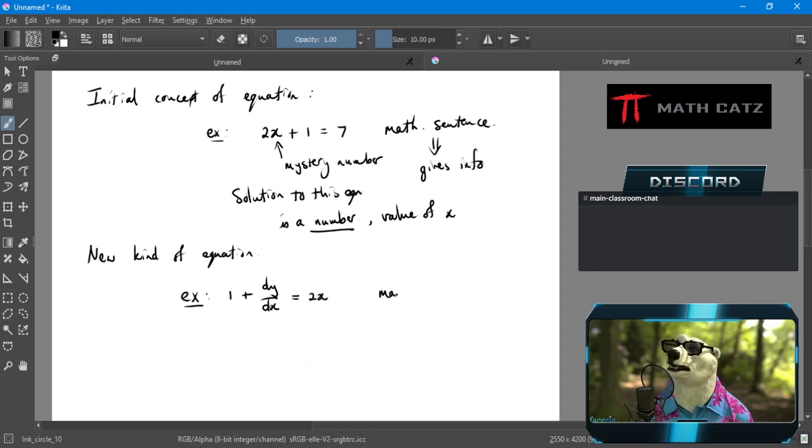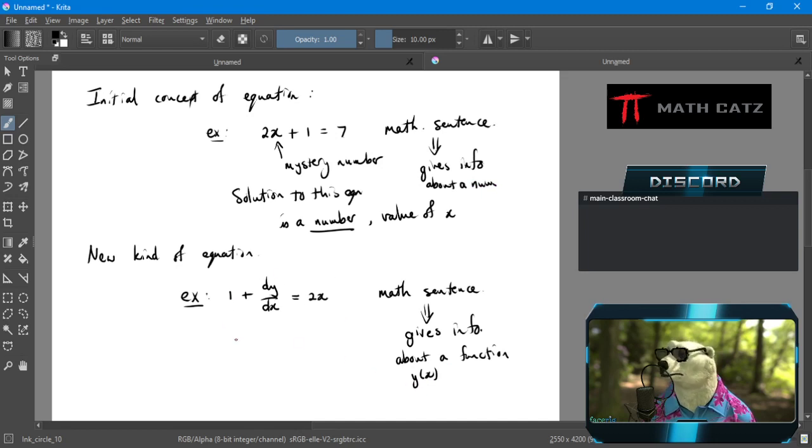This is certainly a mathematical sentence. It certainly gives me information. But what it's giving me information about is a function and not a mystery number, but instead a function y of x.